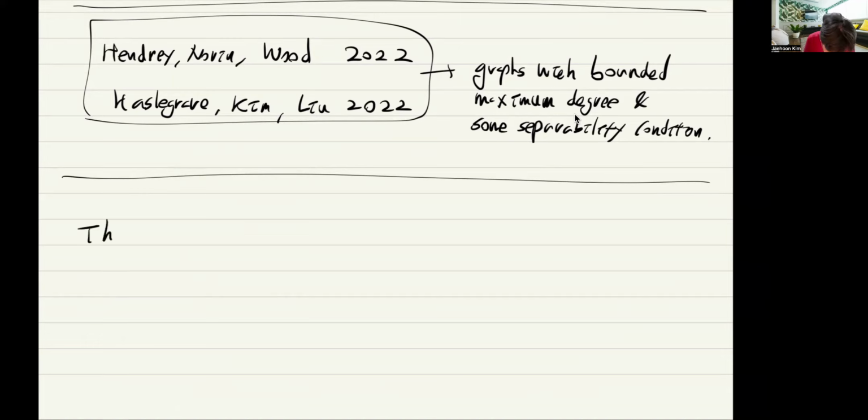And now we want to show that for the complete graph on t vertices, this number is almost some constant times t times square root of log t.